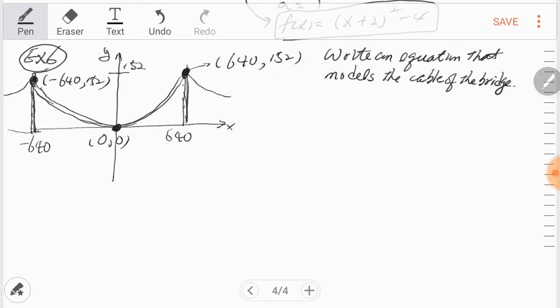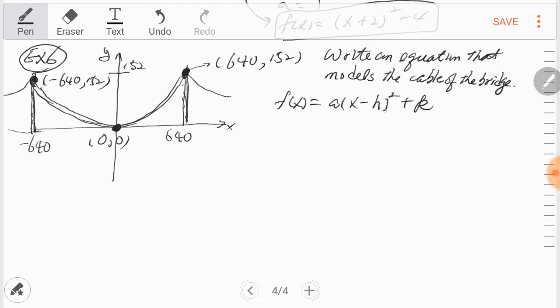All right, then what is the formula? Okay, we're going to write an equation that models this cable of this bridge. So since we know the vertex and 1 point at least, we can write the equation in vertex form first. So the vertex form is what? F of x is equal to a times x minus h squared plus k.